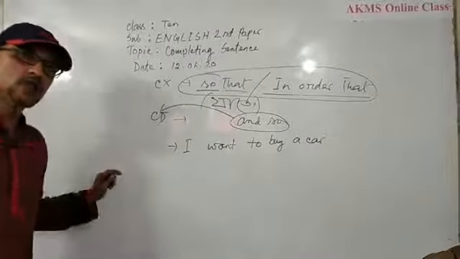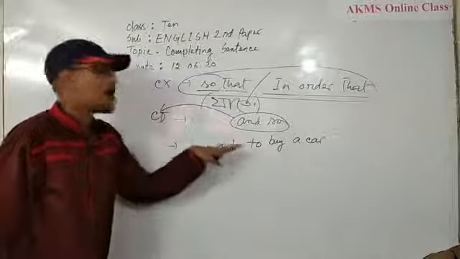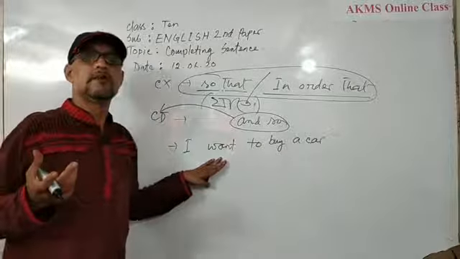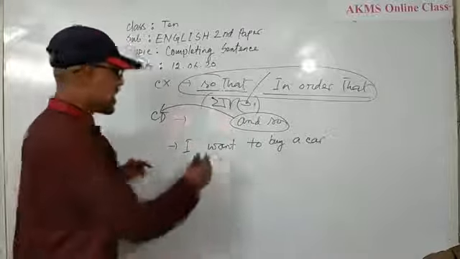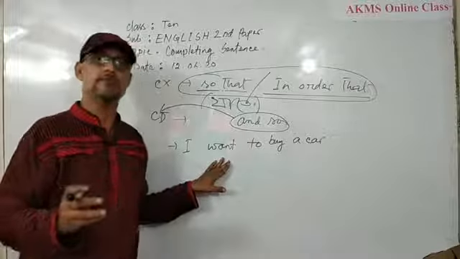I want to buy a car. By using want to, I have already expressed my aim or my objective. I want to buy a car. I have already expressed my aim.